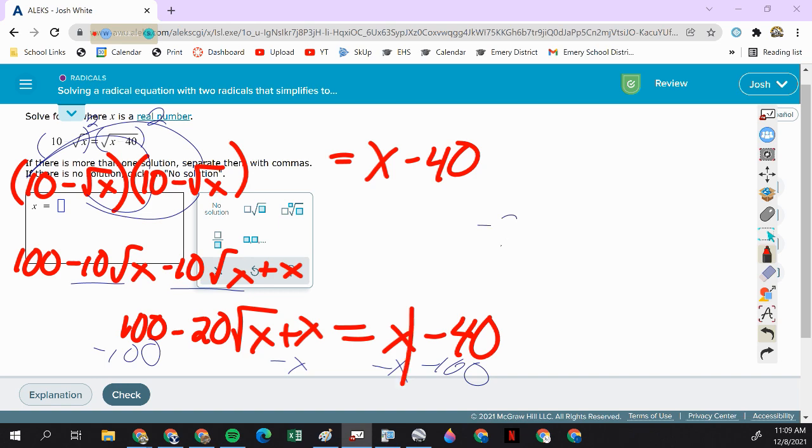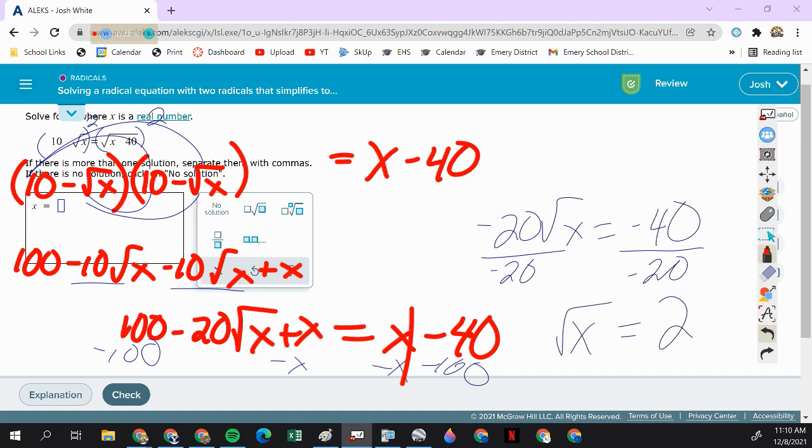So I now have negative 20 root x is equal to negative 40. How do I get the square root of x by itself? Divide by negative 20, and I get root x equals 2. Now I square a second time, and I get x equals 4.